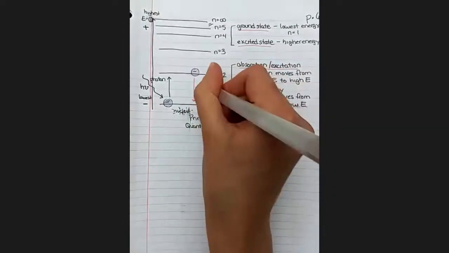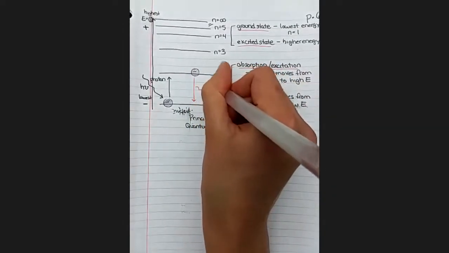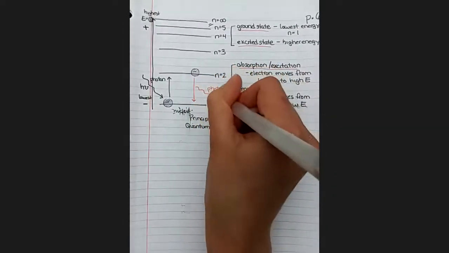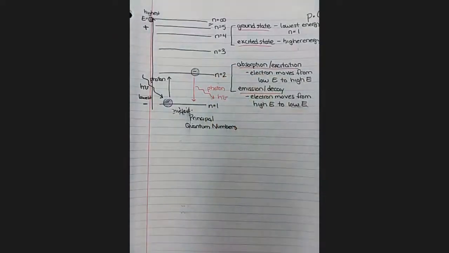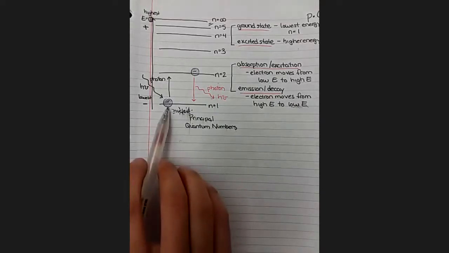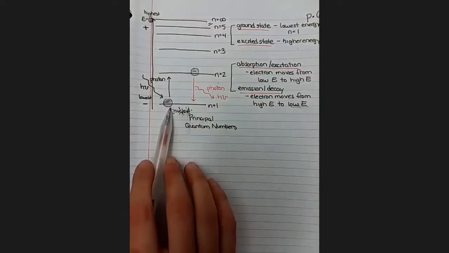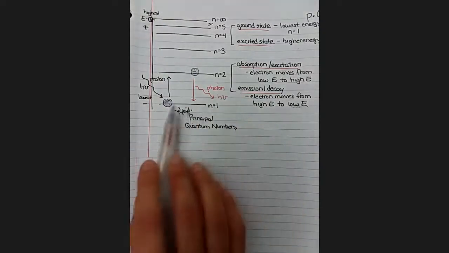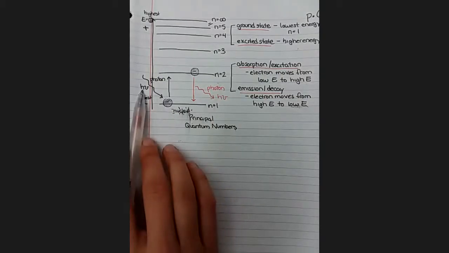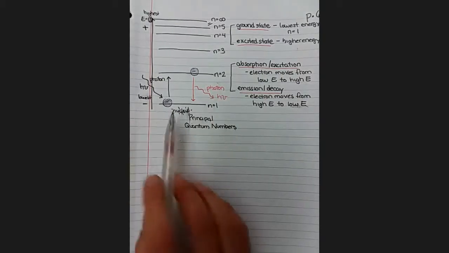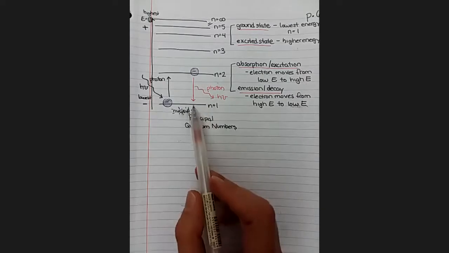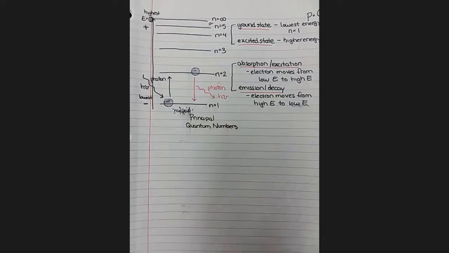So we'll draw a squiggly line and we'll label that as a photon or as an h nu. So if this electron is going to increase in energy through an absorption process, the energy has to come from absorbing a photon. And if an electron is going to decrease in energy, the energy has to go somewhere and it goes away in the form of a photon.